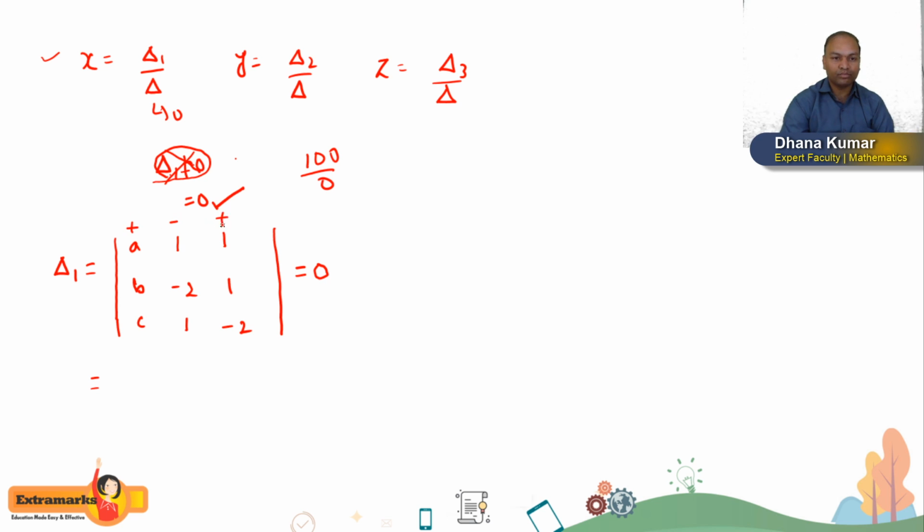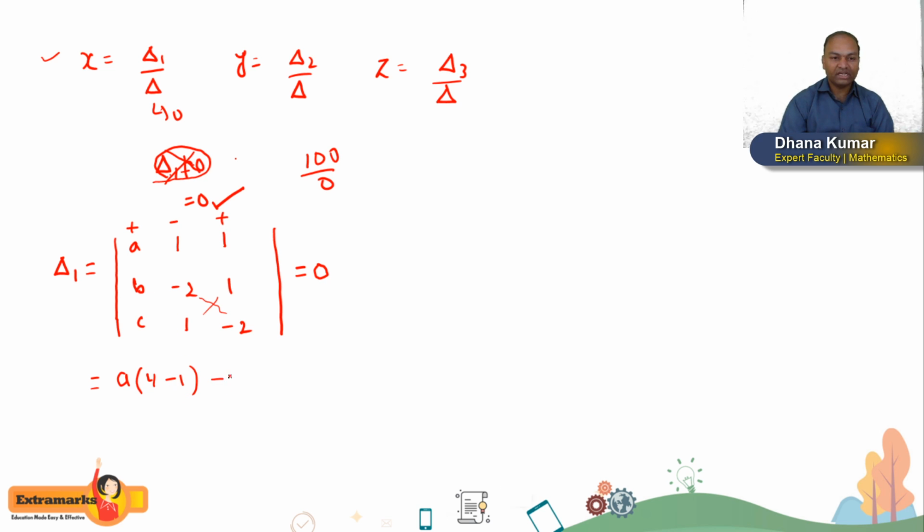Plus, minus, plus. a into, neglect this row and column, remaining minus 2 into minus 2 plus 4, minus 1.